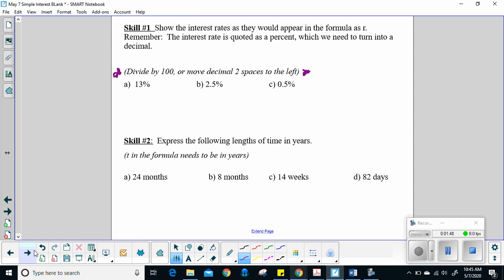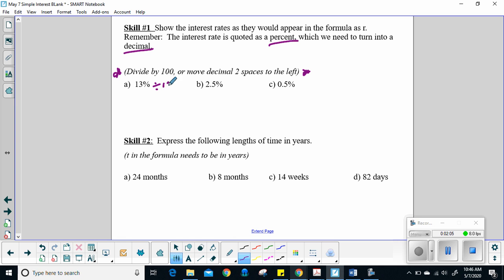Okay, so let's practice some of these important skills that we need in order to solve these questions. Interest rates, remember, are always quoted as a percent, but we need to turn it into a decimal. To do that, you either divide by 100 or move the decimal 2 spaces to the left.